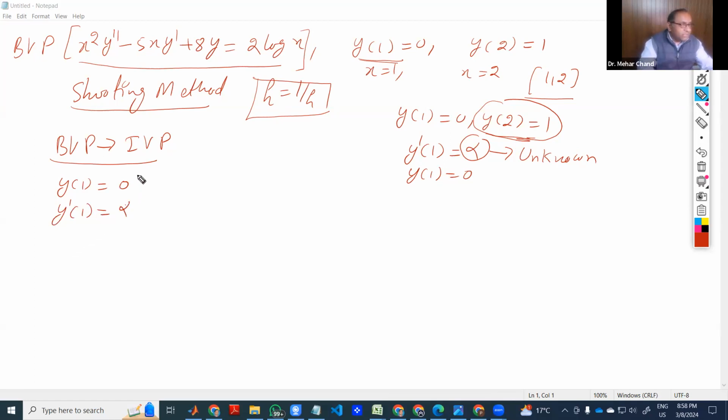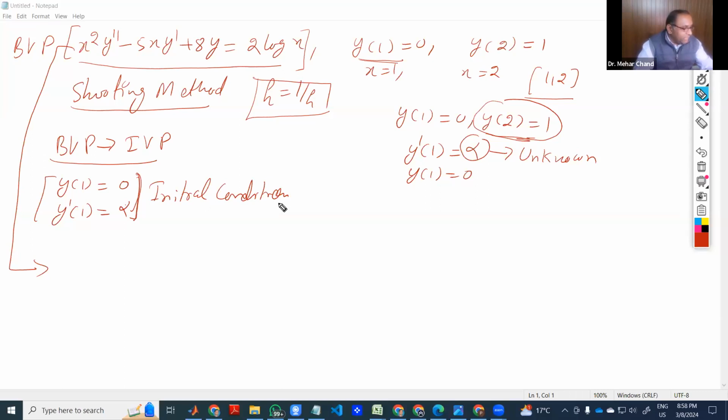From these two conditions, we will convert this equation into an initial value problem. These two equations are the initial conditions.